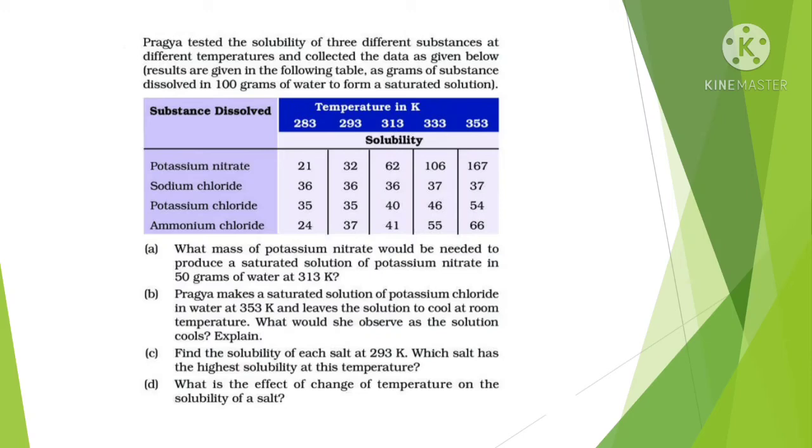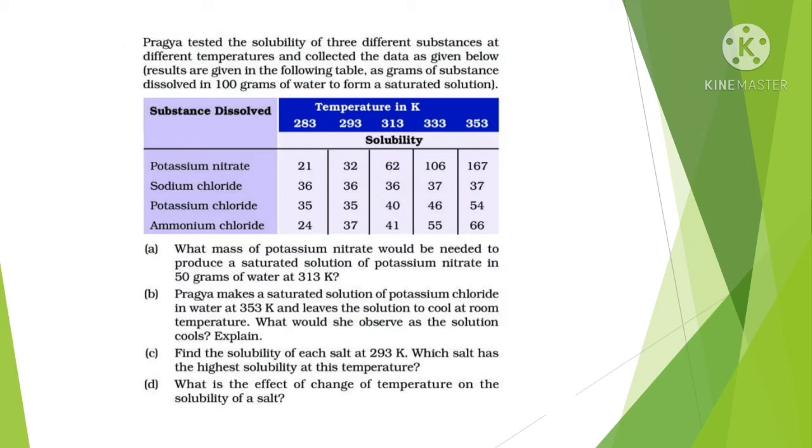353 Kelvin is a temperature more than the room temperature. So when she prepares the saturated solution of potassium chloride at 353 Kelvin and allows the solution to cool to the room temperature, the temperature of the saturated solution will decrease. And we know that when the temperature decreases, the solubility of the substance also decreases.